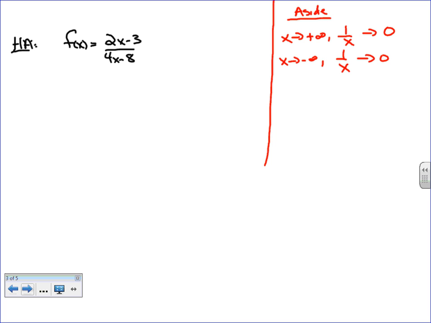So really what I can do, and in this class only, because it doesn't always work like that, is I can be lazy and say as x approaches positive and negative infinity, 1 over x is approaching 0.